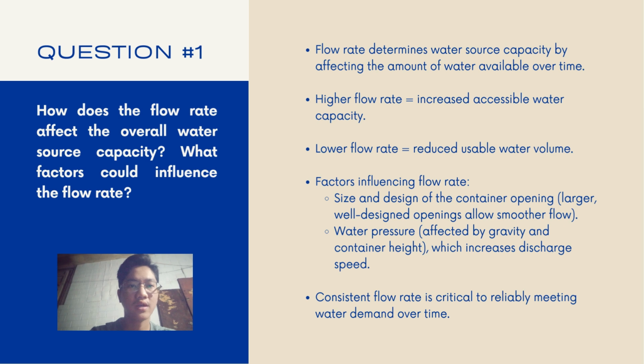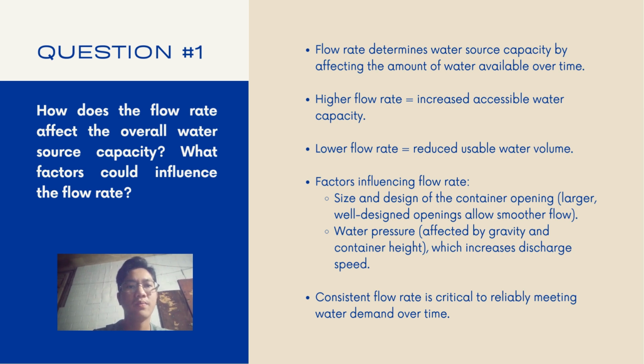Several factors can influence flow rate, including the size and design of the container's opening, which impacts how smoothly water can pass through. For instance, a larger opening or a well-designed spout allows water to flow more freely, increasing the flow rate.